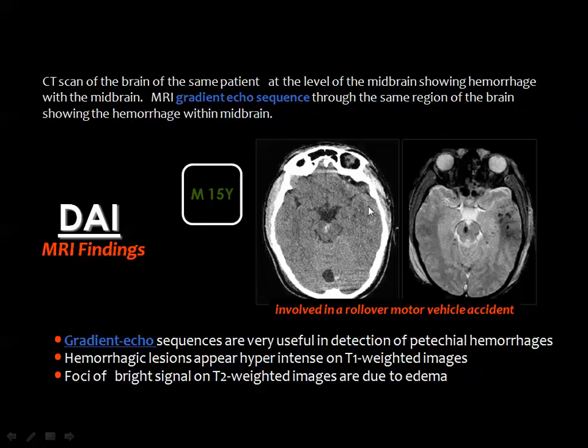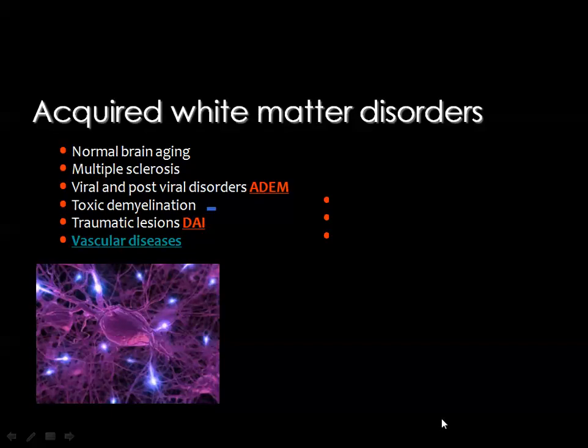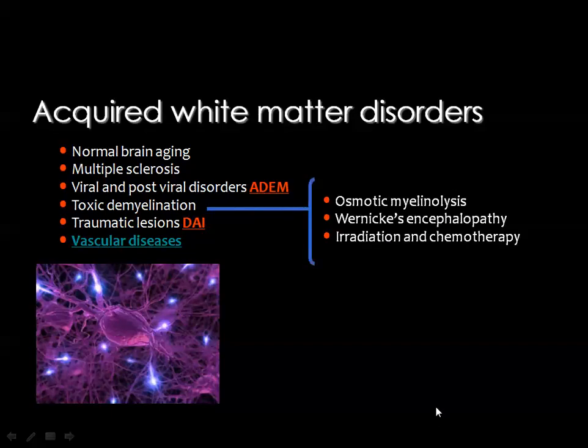And this is the CT brain scan showing a hemorrhagic lesion in the midbrain, but it failed to show the rest of the hemorrhagic lesions in the temporal lobe, which are better delineated by this MRI T2 weighted image.